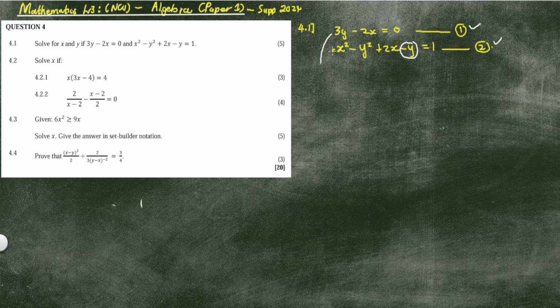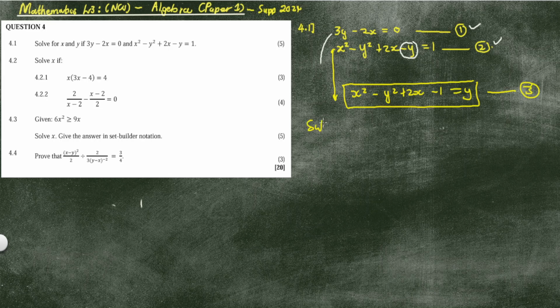If we take the second equation and try to generate the third one, we're going to have this plus 2x minus 1 equal to y, as I've showed you. And then this is equation 3. Substitute equation 3 into the first equation.